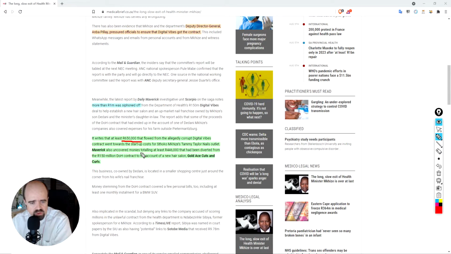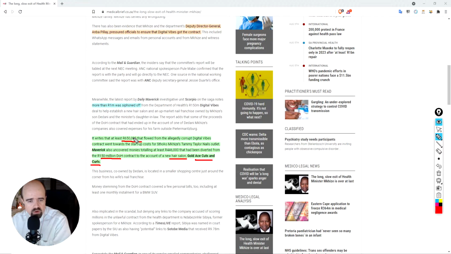Maverick also uncovered monies totaling at least 446,000 that were diverted from their 150 million rand DOH contract to account for a new hair salon, Gold Ace Cuts and Curls.